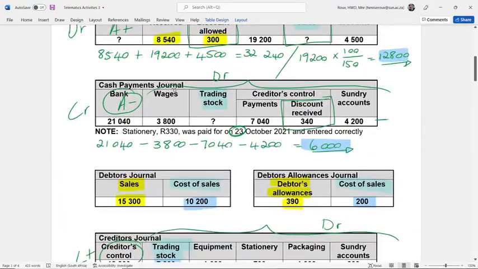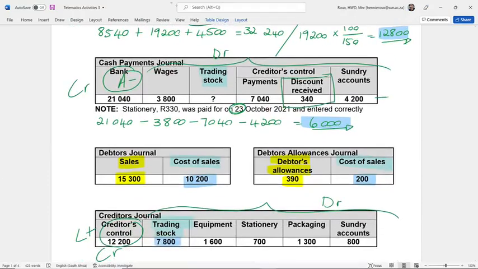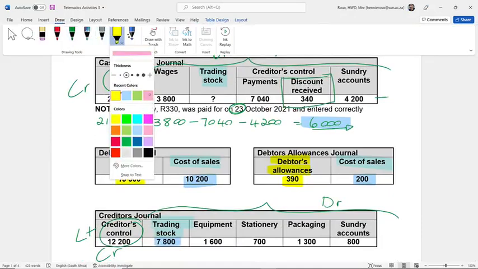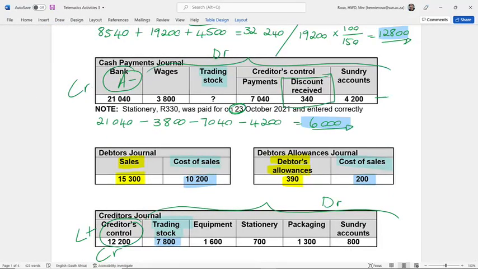Just to show you where we got these amounts from. CRJ, nothing of the creditors. In the CPJ, we paid our creditors 7,040 and we received the discount. We said we credit bank and we've debited creditors control.